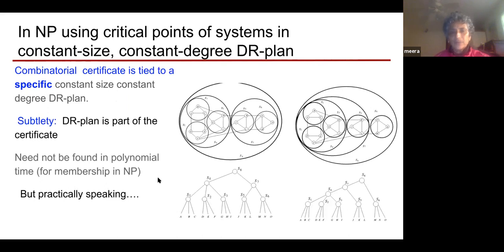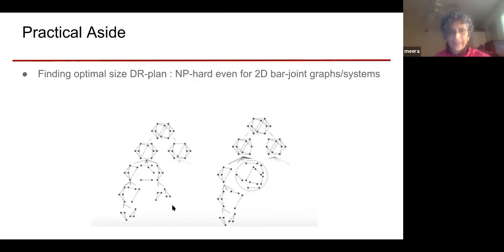To find the DR plan, which is itself a certificate, you need to be able to do that in polynomial time. Turns out that if the graph is not minimally rigid, we don't know. And in fact, in some cases, we can actually show that finding a DR plan that minimizes the maximum fan-in, which is the size, is itself NP hard.